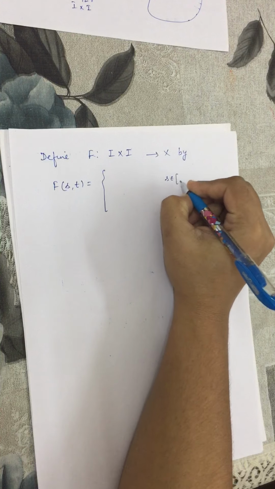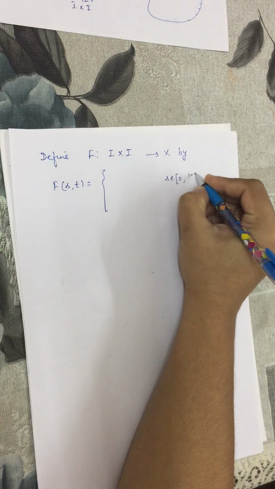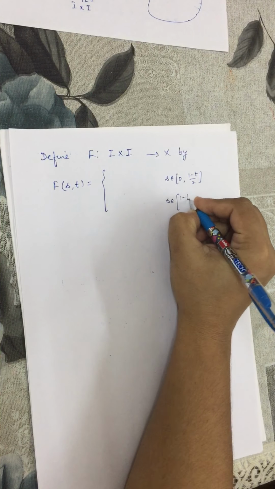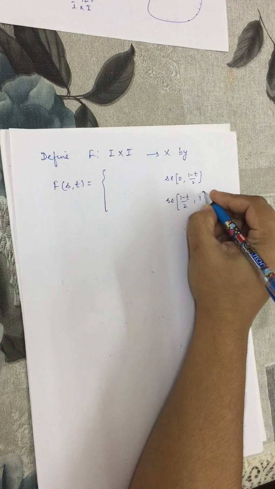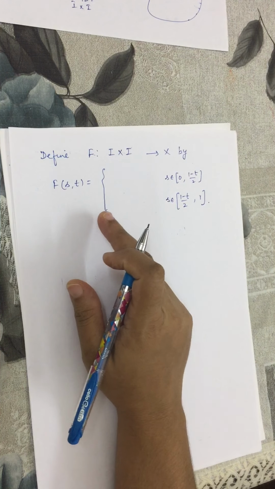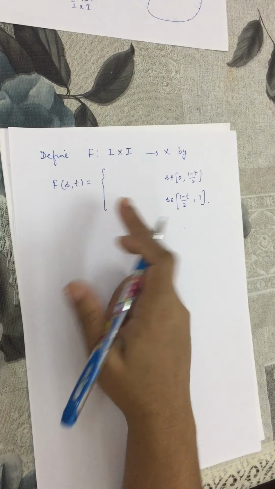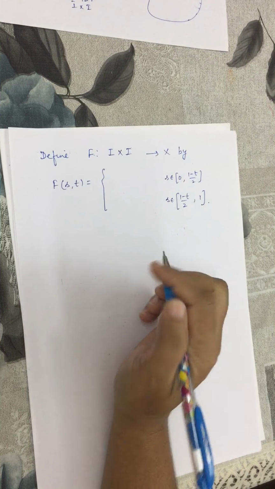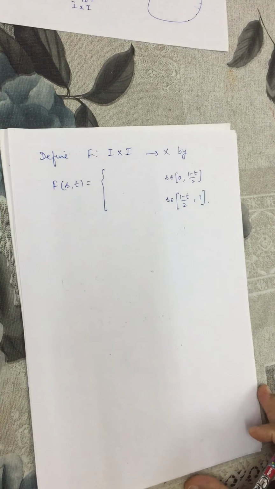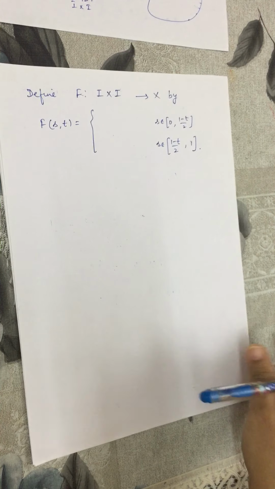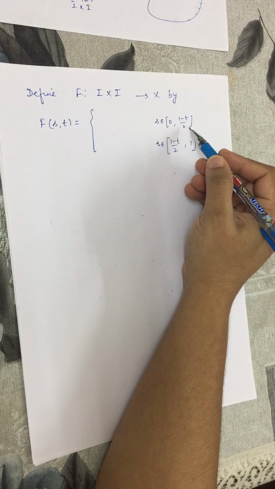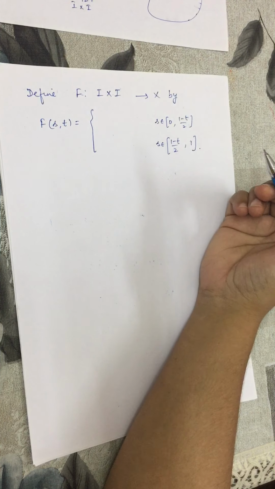One is s from 0 to (1 minus t)/2, and the other is s from (1 minus t)/2 to 1. And what are the values given by F(s,t) at this interval and this interval? For computing those values, we will first map these intervals linearly to the interval [0,1].